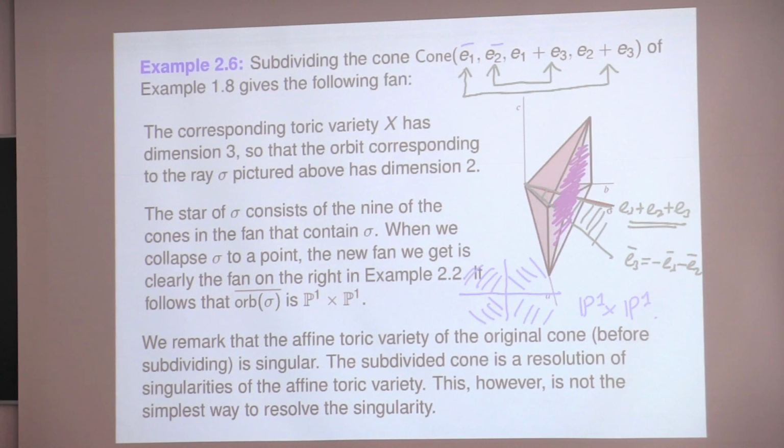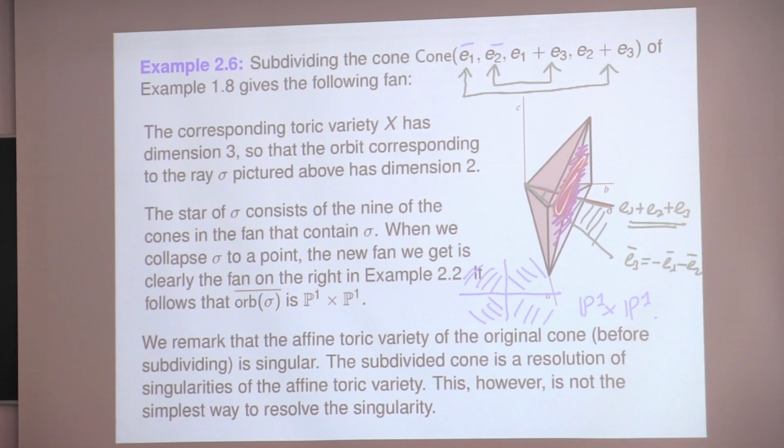Those should be all non-singular. So you have this, and what is it missing? This is kind of cool. What is it missing from the variety if I don't erase the purple? It's really missing 1 point. Because we have this fan, you can apply this picture of the corresponding orbits. What am I missing? I'm only missing 1 orbit that comes from this big cone in purple, and that one is 0-dimensional, it is 1 point.